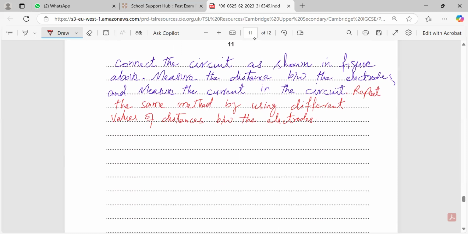I'm going to write now the next point: that potential difference and volume of liquid or electrolyte.